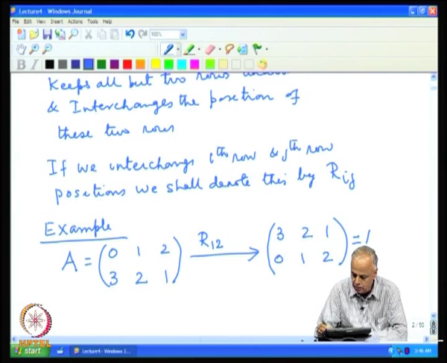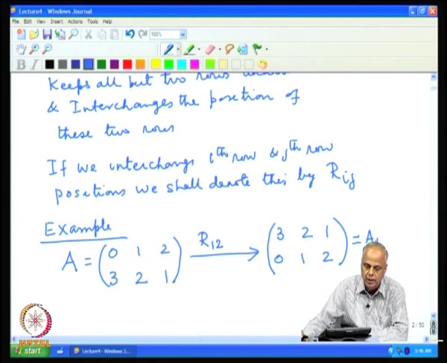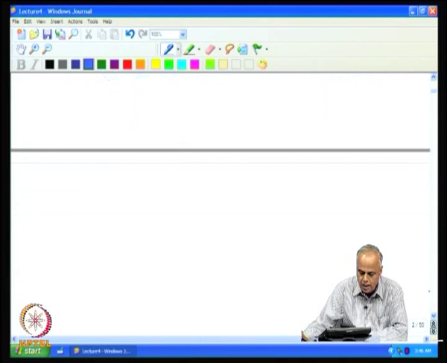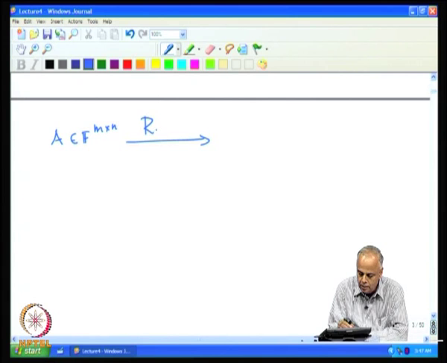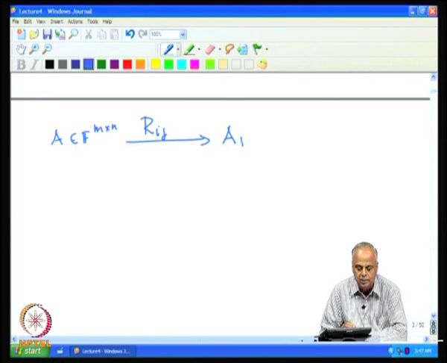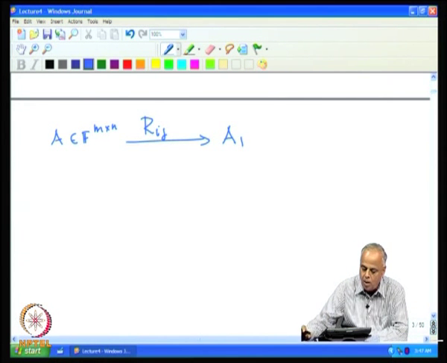The resulting matrix we will denote by A 1. So, in general, if we have a matrix A belonging to F m cross n and we apply the ith row jth row interchange on that, what results is the matrix A 1. This is what is known as the elementary row operation of type 1.